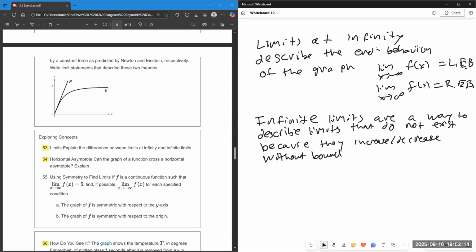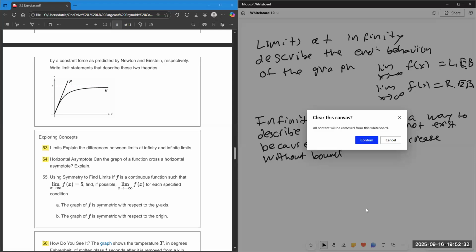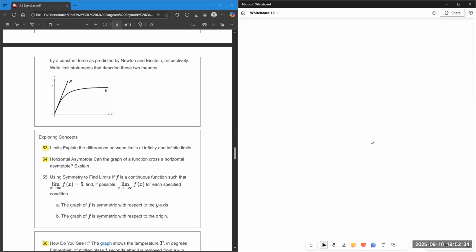So you saw me say that earlier about one of the problems, that the limit does not exist because it increases with that bound, or the limit did not exist because it decreases with that bound. So now that we understand that, with horizontal asymptotes, can the graph of a function cross the horizontal asymptote? Absolutely, yes, it can. We already saw that happen.